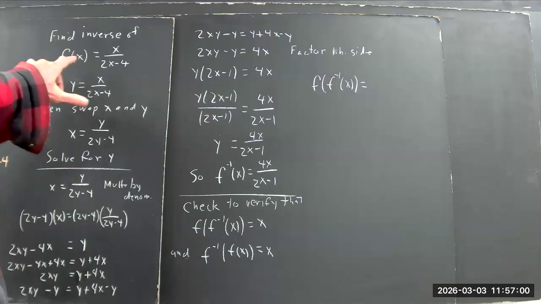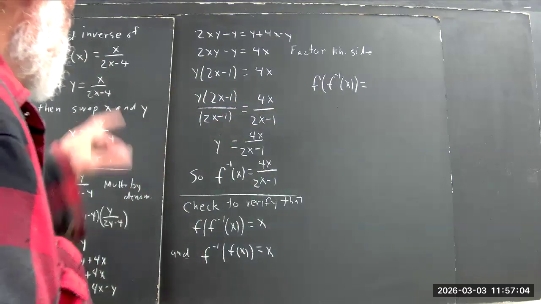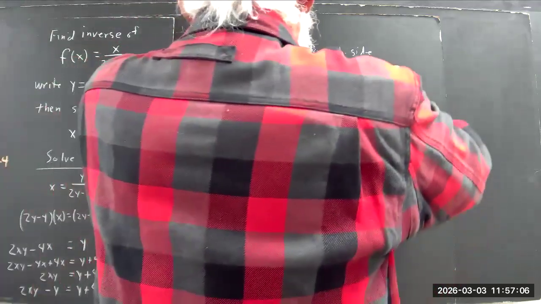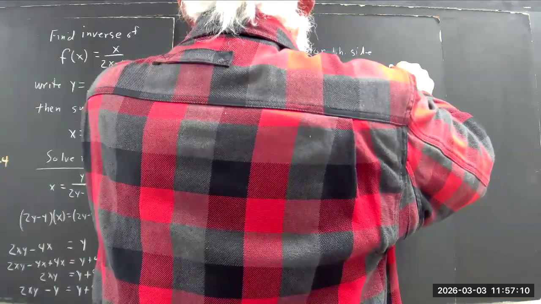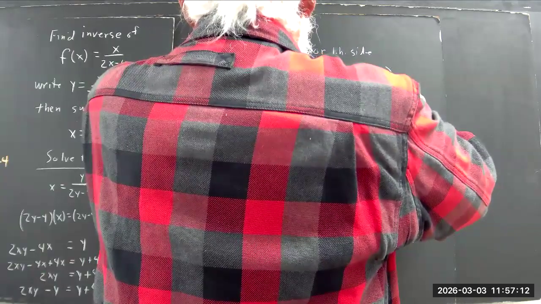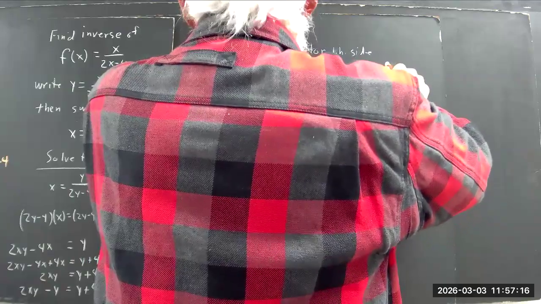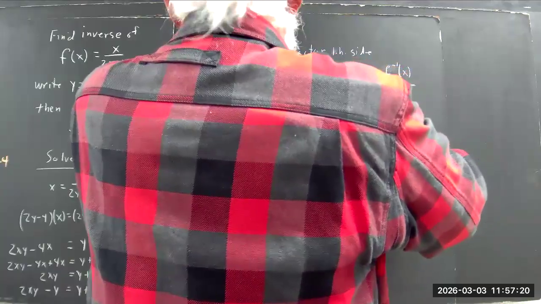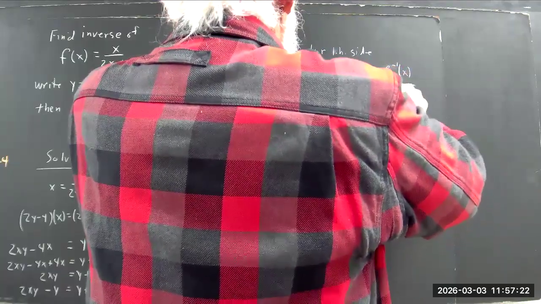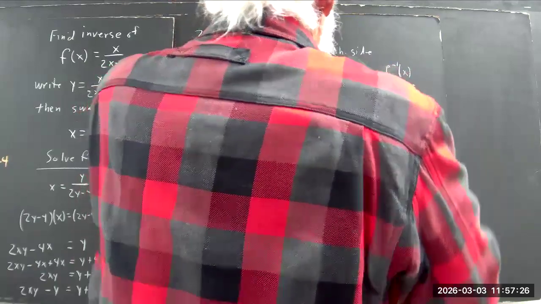If we replace all these x's by f inverse of x, we get f of f inverse of x equals f inverse of x over 2 f inverse of x minus 4.